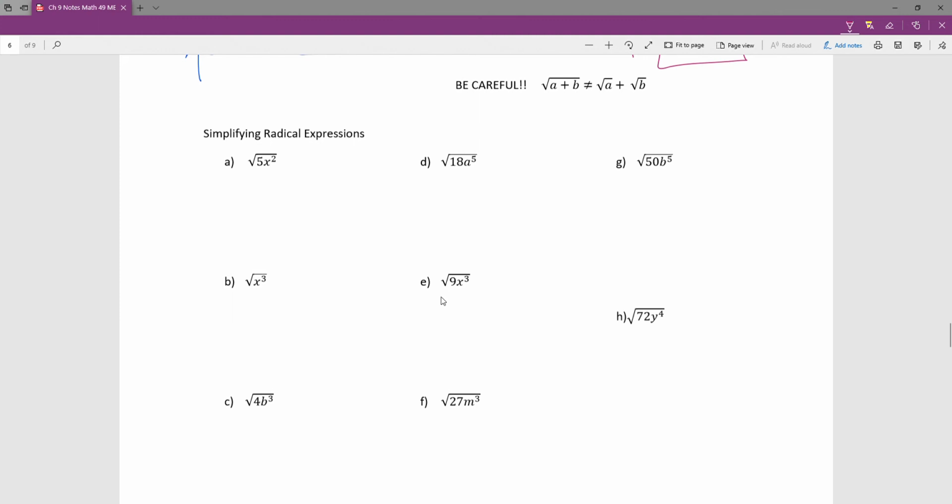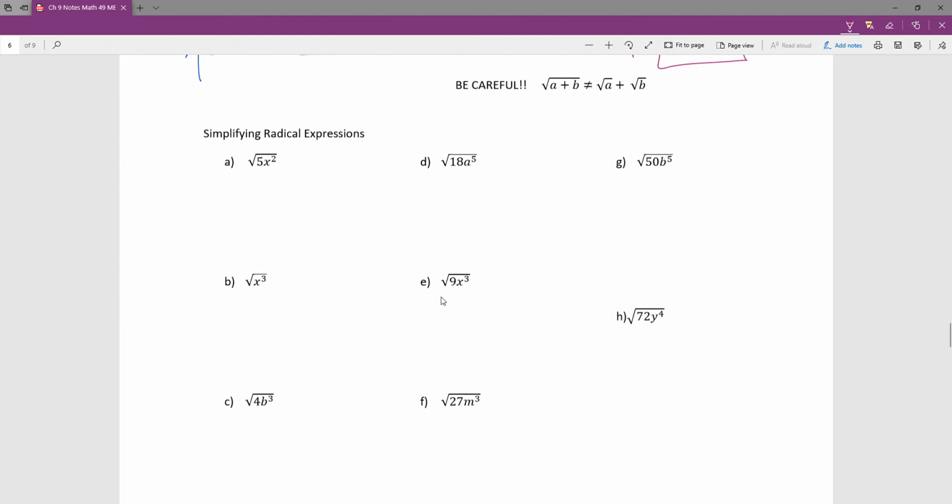We're going to pull anything that's a perfect square out the front, and you might remember the even numbered exponents from our difference of squares back in chapter 4. We recognized perfect squares already. So we're going to break these up into factors, one of which hopefully is a perfect square that we can take the square root of, and then whatever is left behind is that irrational component.